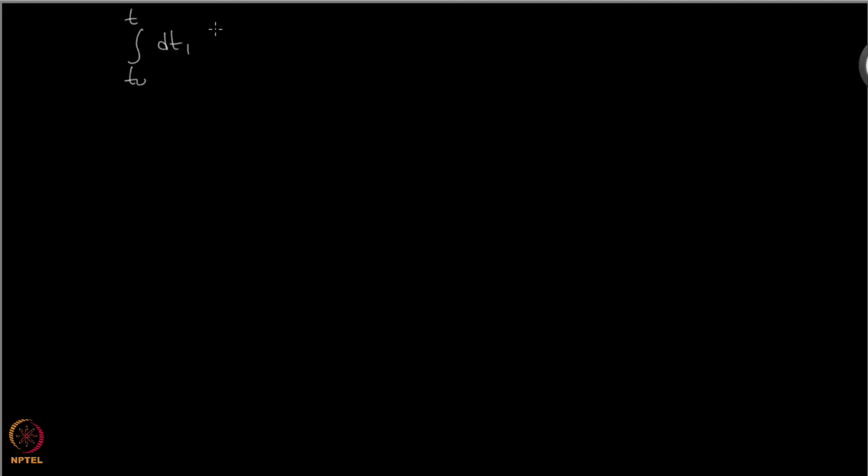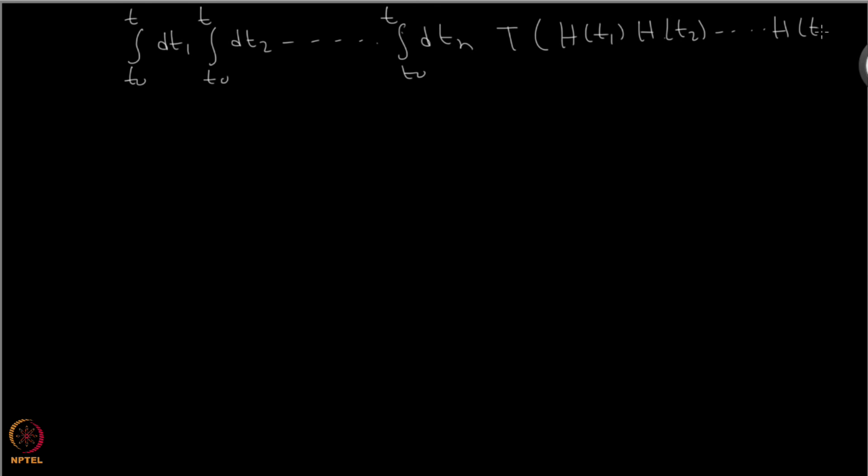So I am now integrating over the full cube, and I should take h of t1, h of t2 and so on. This entire thing, if I divide by n factorial, so if I take one part of it, okay, one division of this entire volume, then that is the one which is equal to this one.